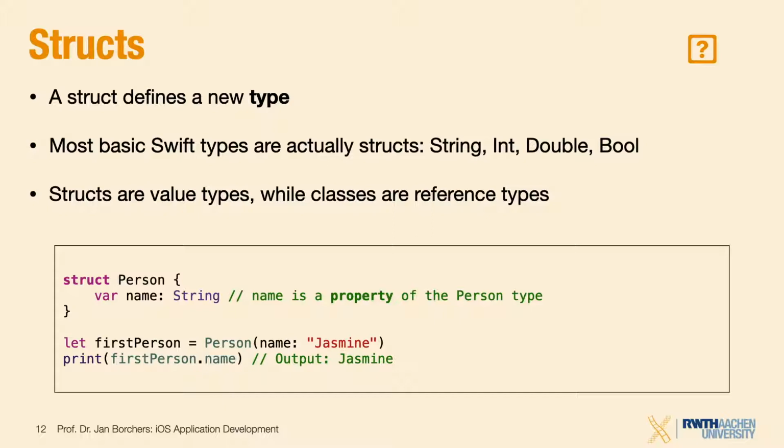Another convention that I want to put up here is that we said we tend to use let for everything until we need to use a variable. There's a bit of a difference here in structs. In structs, we tend to define the individual properties of a struct as variables. Why? Because if we want this thing to be immutable, like a constant, we just instantiate it with a let keyword.